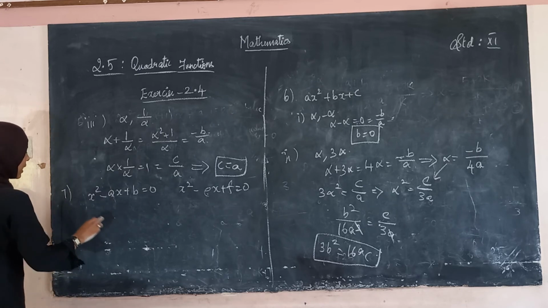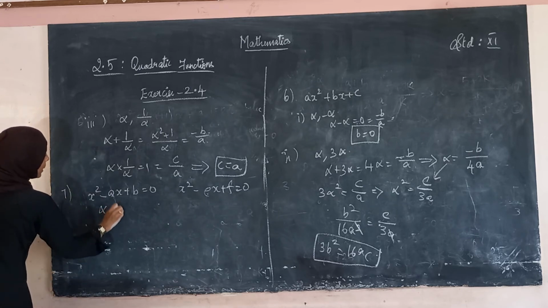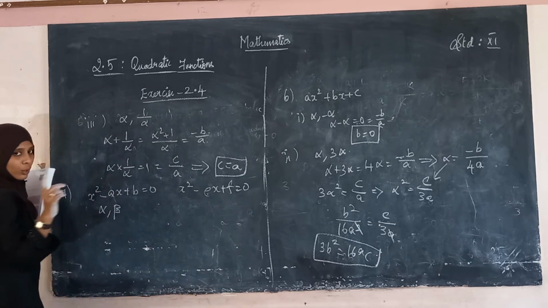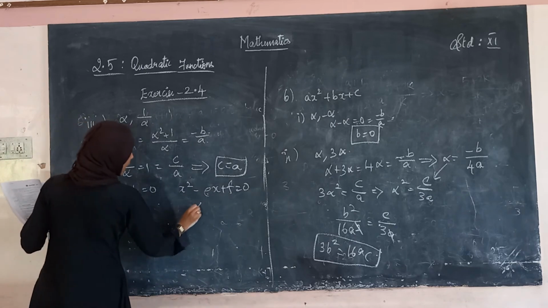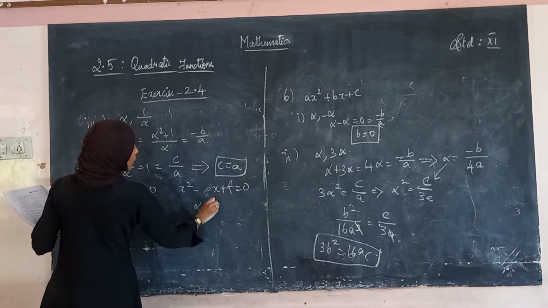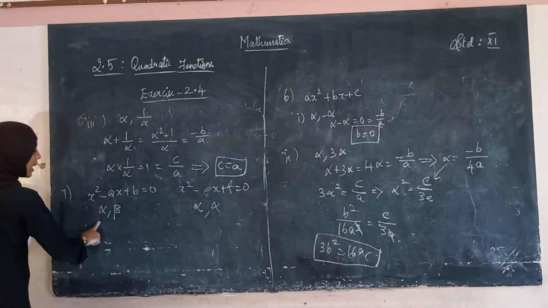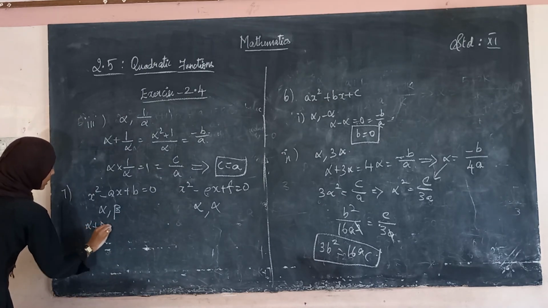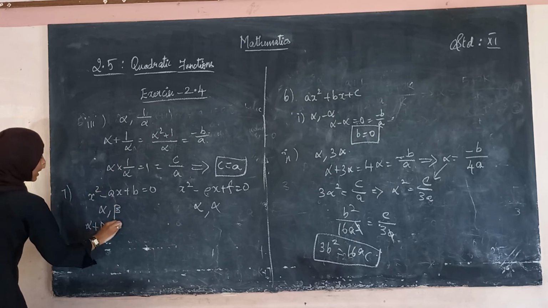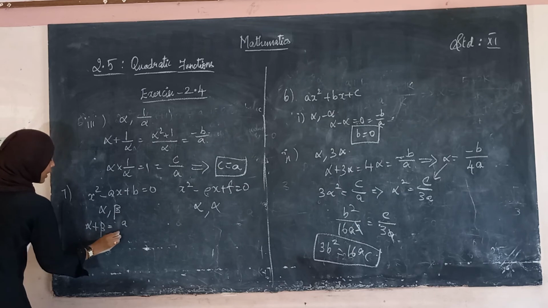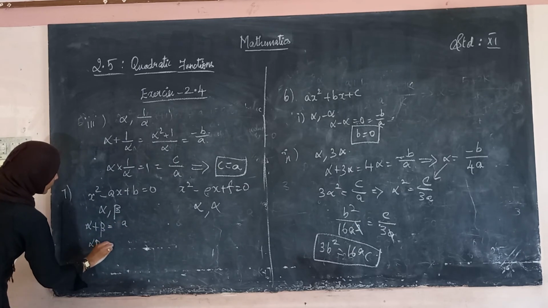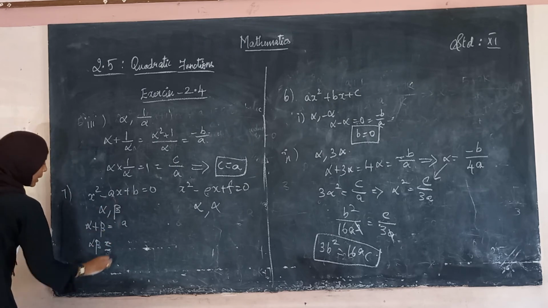Let us take the roots of the first equation as alpha comma beta, and since the two equations have one root in common, let the common root be alpha, and the second equation has two equal roots, alpha and alpha. Now the sum of the roots: alpha plus beta is equal to minus b divided by a, and here b is minus a, so minus of minus a divided by 1 is a. And alpha beta is equal to c divided by a, here c is b.